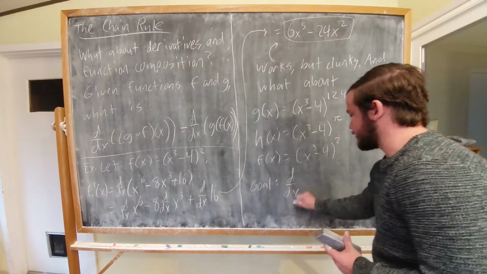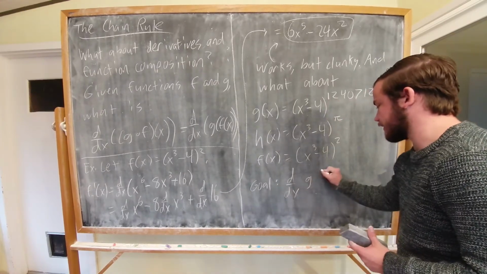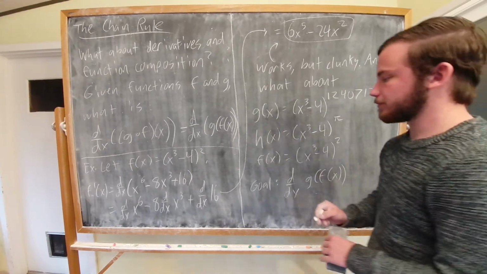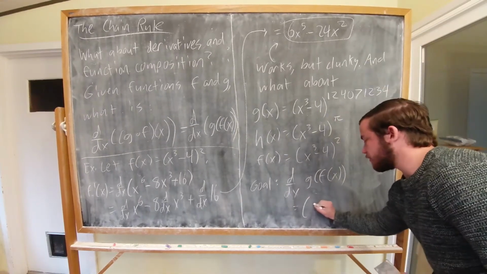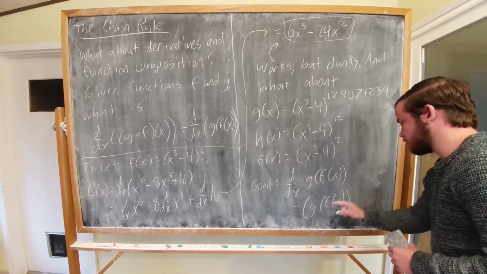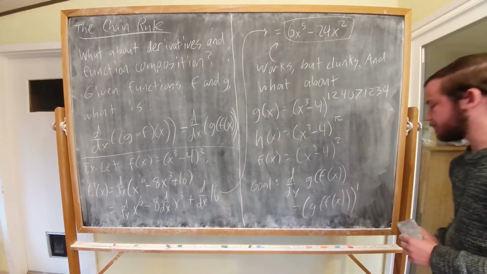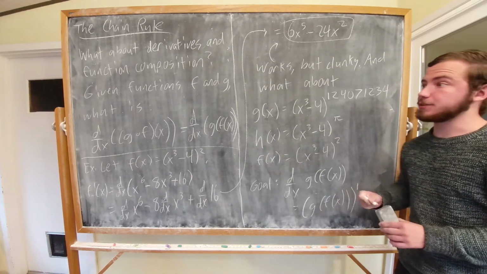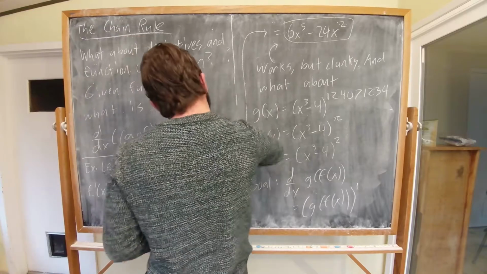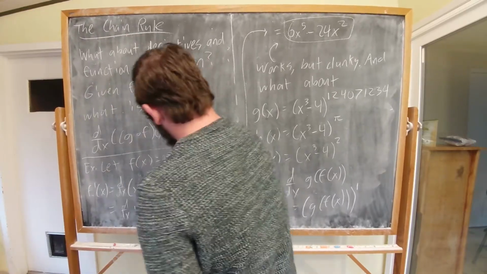Our goal is to find the derivative of something that looks like g of f of x. Or in other words, we want g of f of x to be prime, with the prime on the outside, specifically. Okay? Well, I'm going to write down a couple new functions.